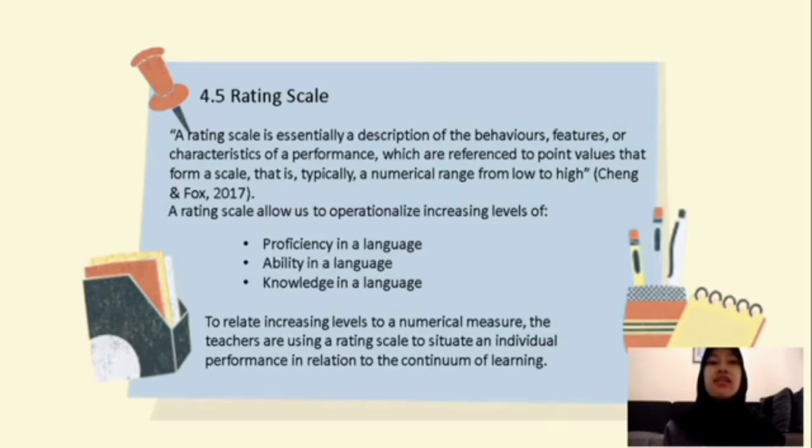A rating scale allows us to operationalize increasing levels of proficiency in a language, ability in language, and knowledge in language. To relate increasing levels to a numerical measure, the teachers are using a rating scale to situate an individual performance in relation to the continuum of learning.